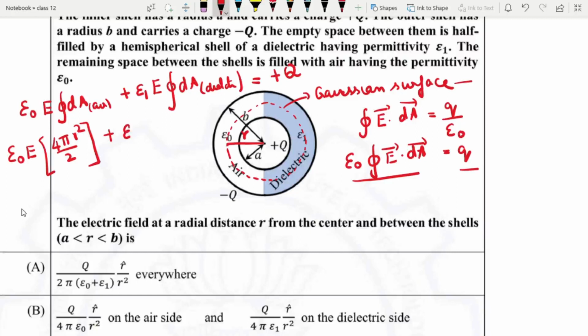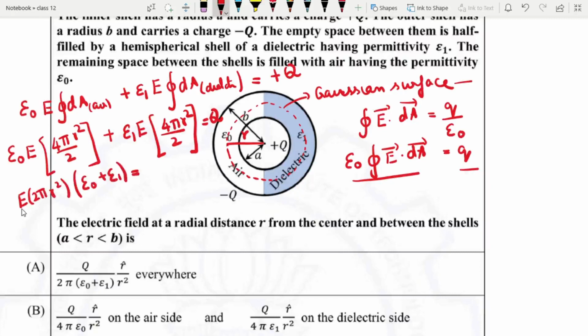Epsilon 1 E into 4 pi r square divided by 2 is equal to capital Q. By simplifying and taking the common terms outside, we get E into 2 pi r square into epsilon naught plus epsilon 1 is equal to Q.